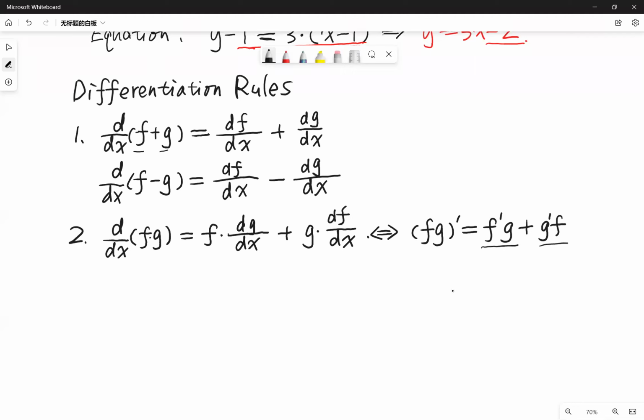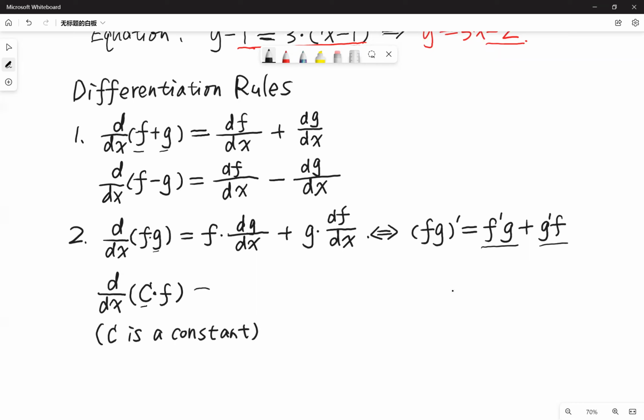And there is a special case when g is a constant. This is the special case of the product rule. When g is a constant c, then it's c f, where c is a constant. The differential of c times f by dx, here g is a constant c.